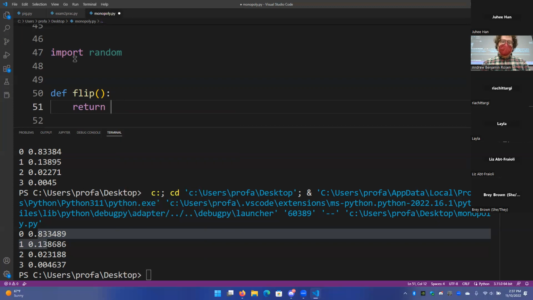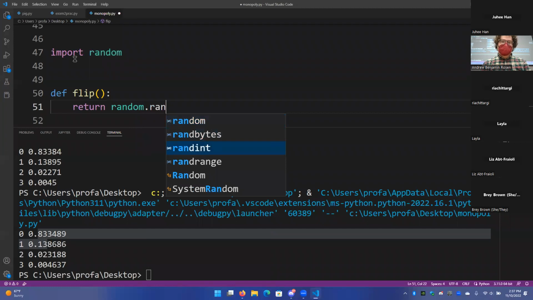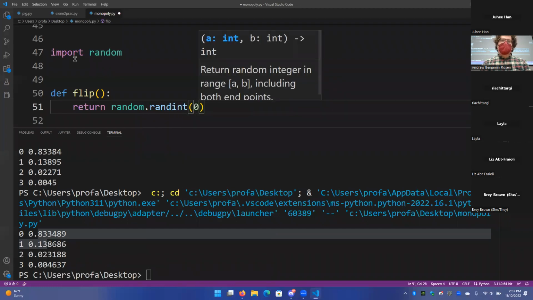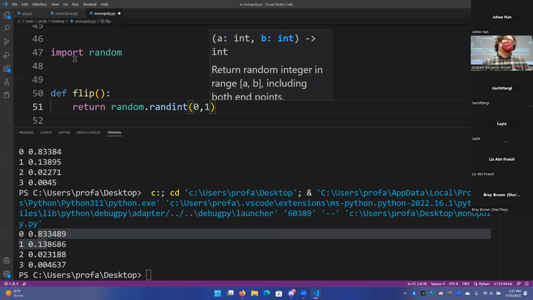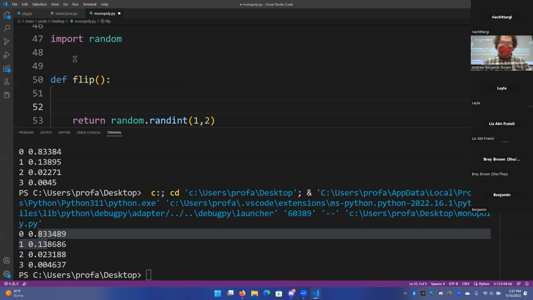We could represent them as random.randint, a 0 or a 1 for head or tail, or a 1 or a 2. But that's a bit hard to remember because that's just one more thing I have to remember, which is translating 1 to 1. In this case, again, readability is everything, right?